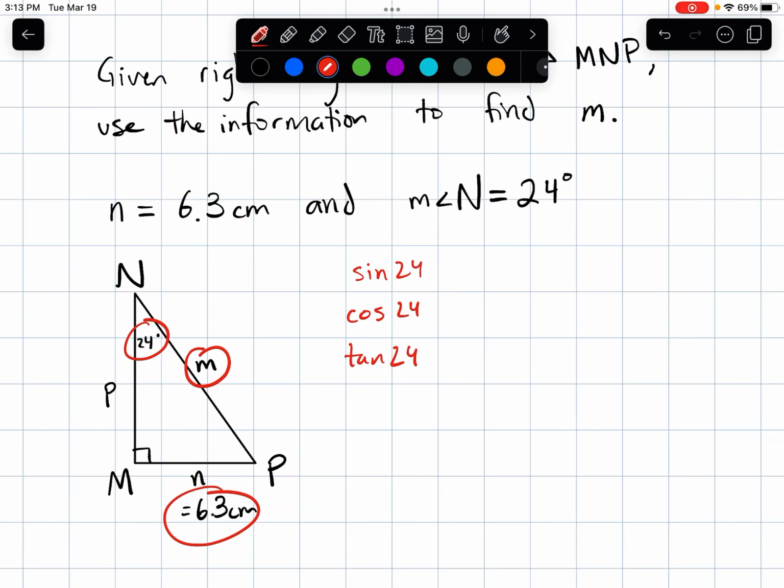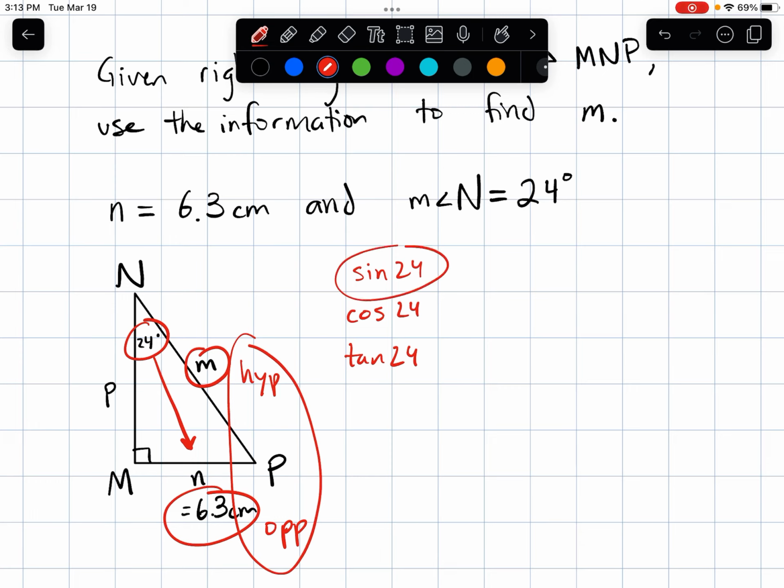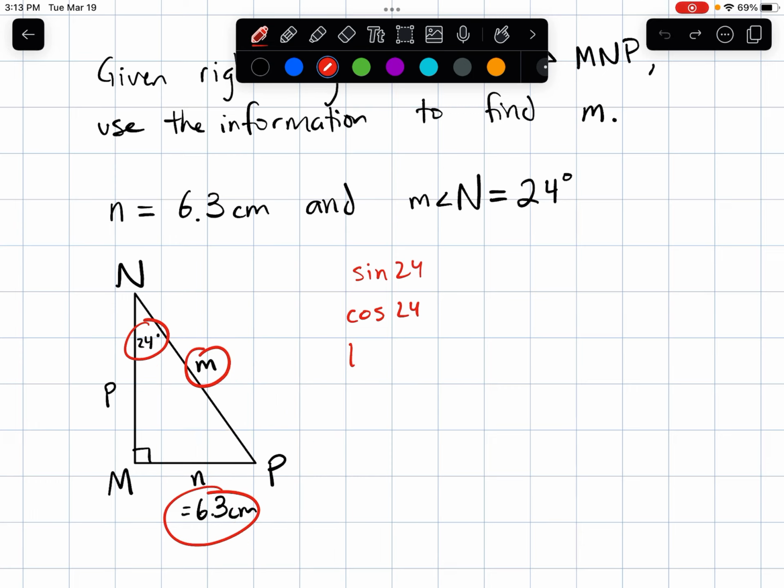And again, that depends on the location of these two sides. Well, I know that in relation to the 24-degree angle, n is the opposite side, and m is the hypotenuse. So I have to think about which trig function uses the opposite and the hypotenuse, and that is going to be the sine. All right, so I do have to use the sine of 24.